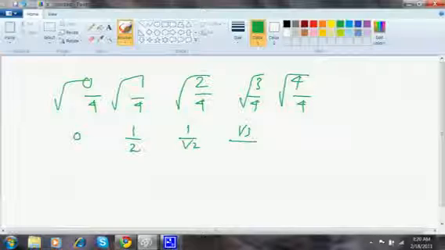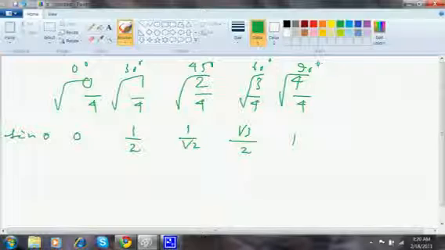This is root 3 by root 4, which is 2, is gone. This is 1. These are the values of sine theta. This is 0 degree, this is 30 degrees, this is 45 degrees, 60 degrees, 90 degrees.